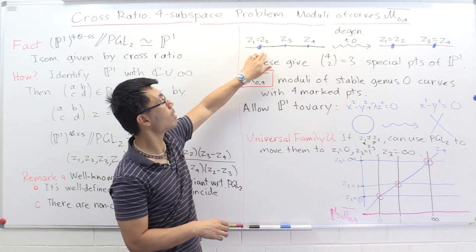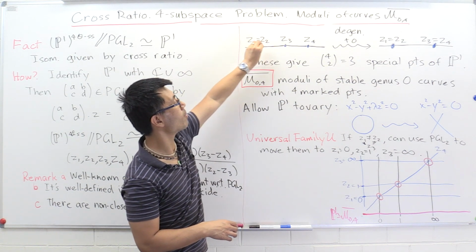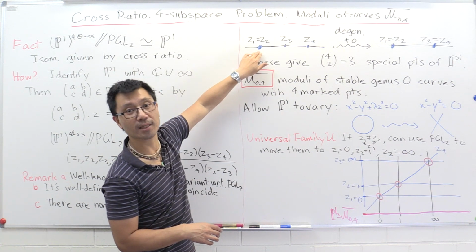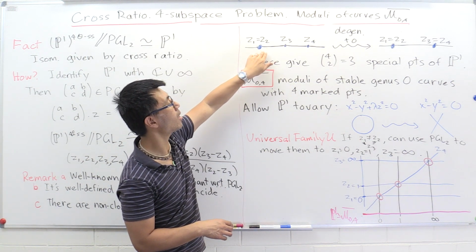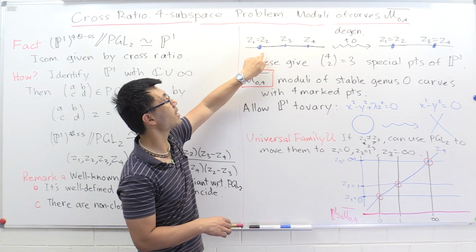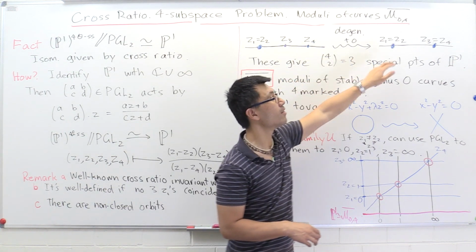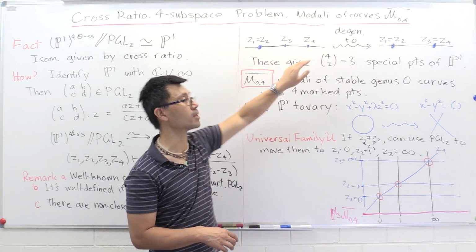So this will give you a sub-representation similar to the destabilizing sub-representation when 3 of them are the same. And that will be the case where this theta dot dimension vector C will be 0. And in that case, we get something that's semi-stable but not stable. And that is when this type of phenomenon of non-closed orbits occurs.